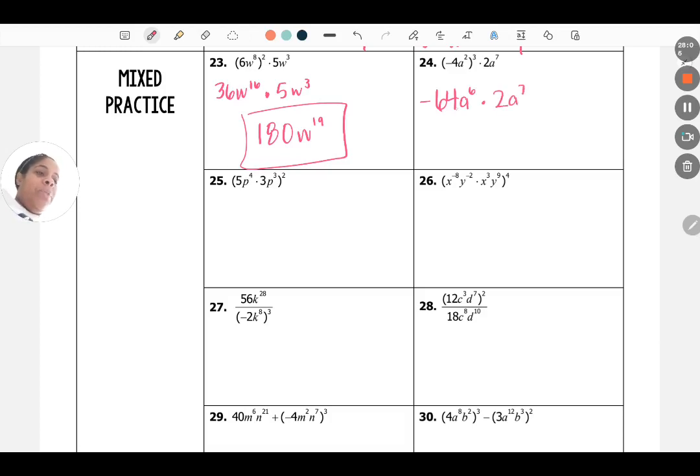Well, we're going to multiply the coefficients, the numbers. 64 times 2 is 128. Negative, sorry, because of negative 64. And then a, 6 plus 7 is 13. Boom.